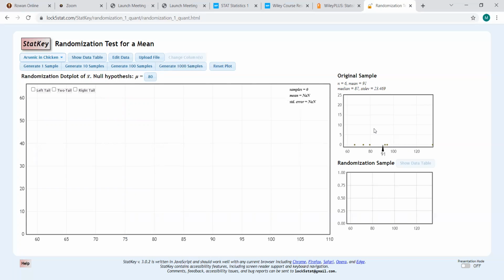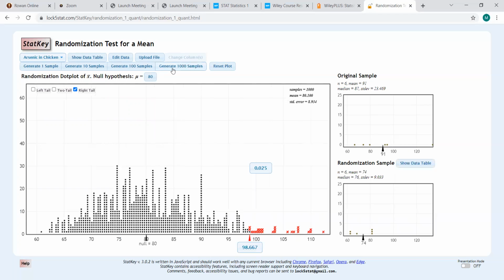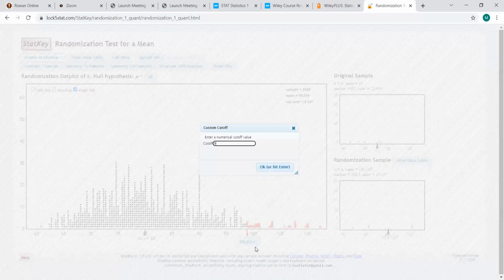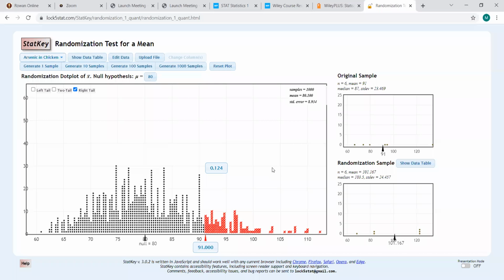Because the null hypothesis has a greater than symbol, the mean is greater than 80, we must use the right tail test. We're going to create 1,000 of these samples of size 6. The mean is 91, so we go down here, change this number to 91, and measure the p-value.